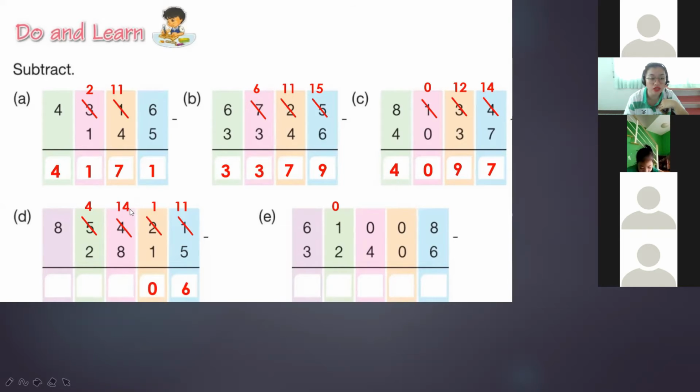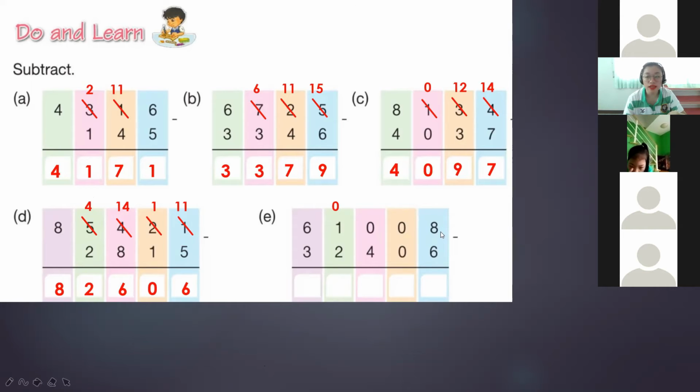And in the hundreds place, 4 is smaller than 8. So we have to borrow from 5. So 5 will become 4 and 4 will become 14. So 14 minus 8 is equal to 6 and 4 minus 2 is equal to 2 and bring down 8. So the answer here is 82,606. That is for letter D.